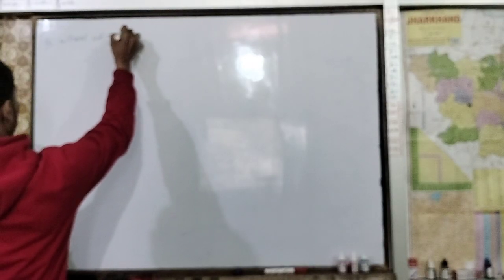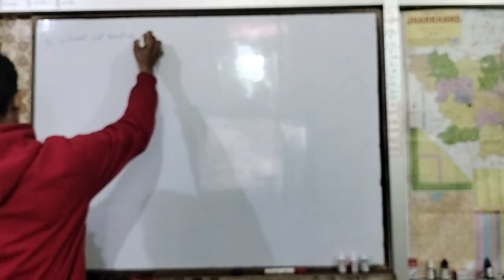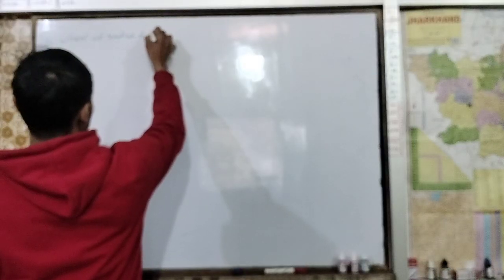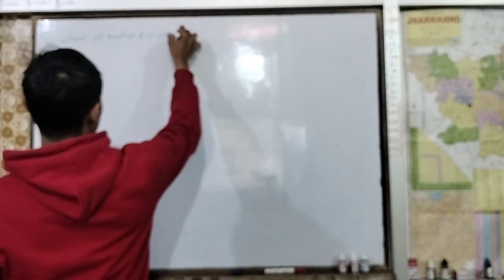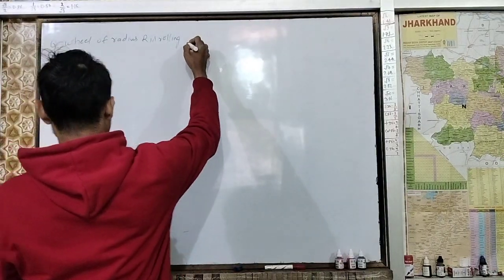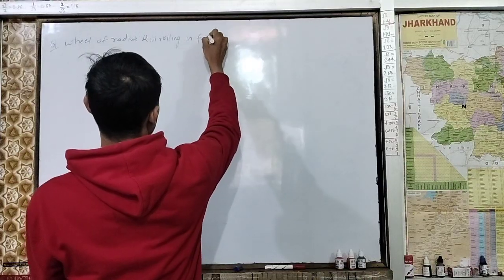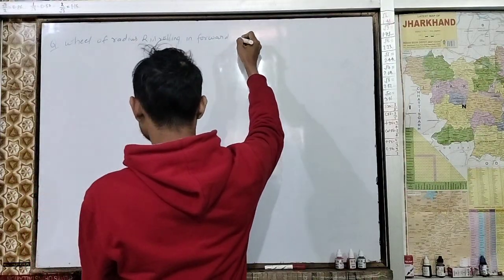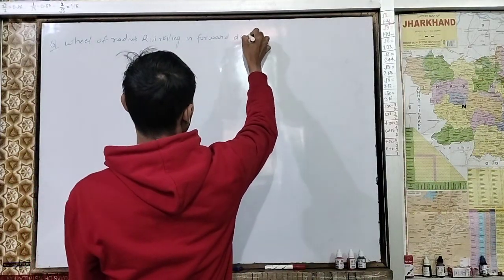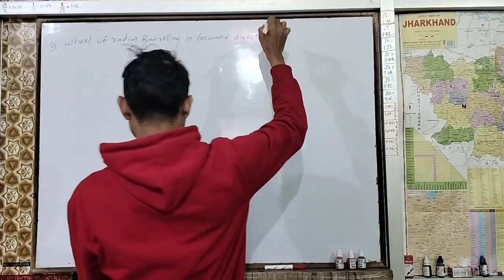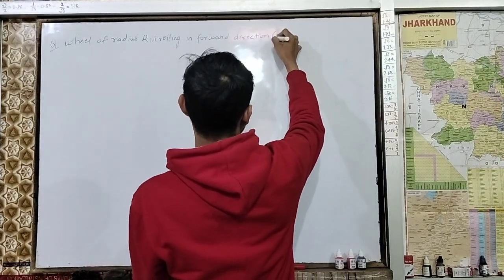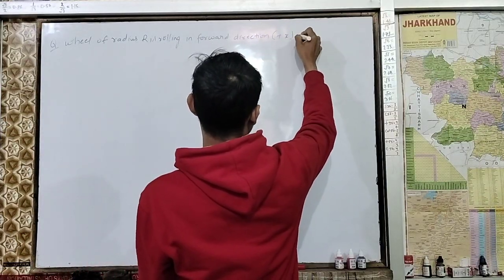A wheel of radius R is rolling in the forward direction, the positive x-axis.